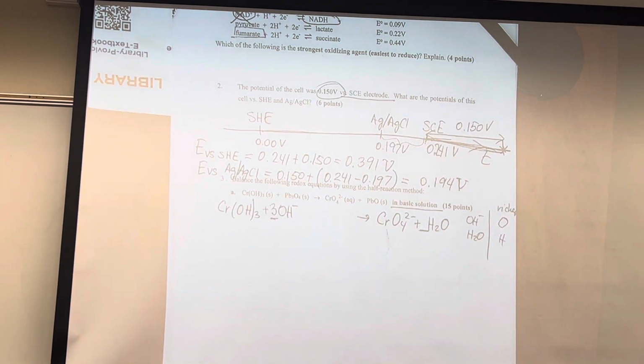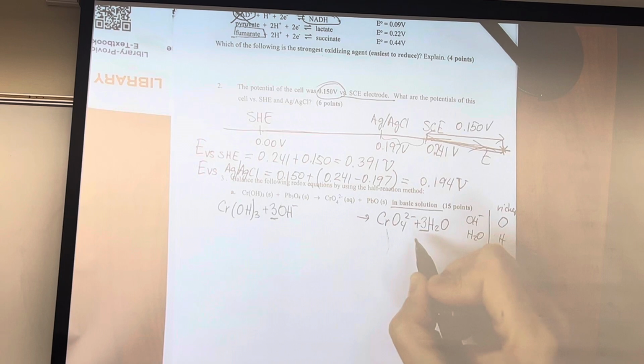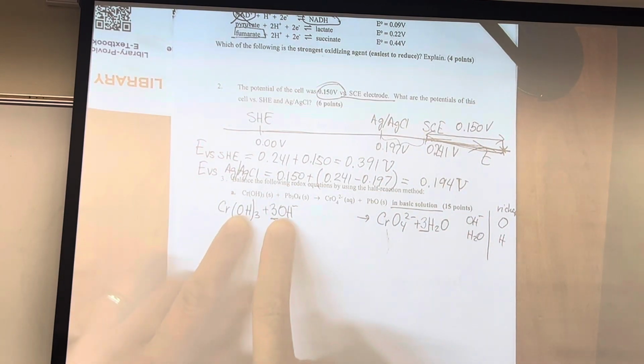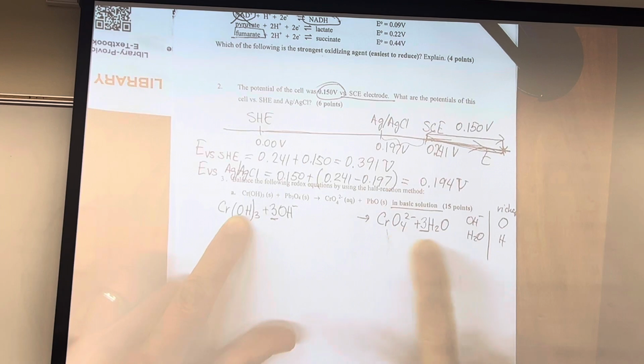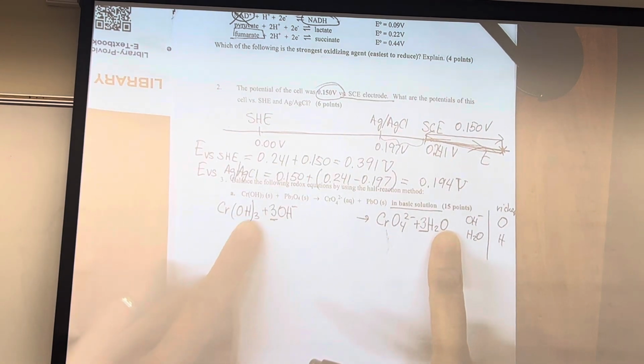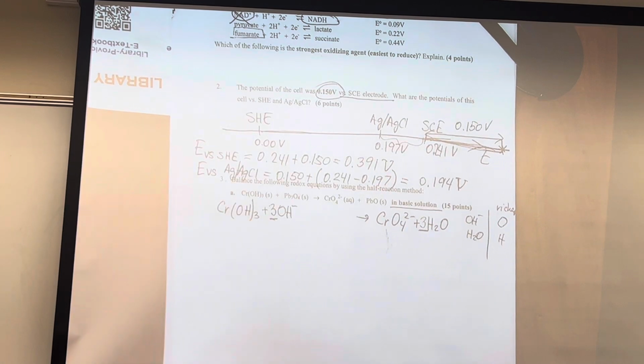It's probably not working. If it's 3 here, we are making an odd number of oxygens on this side. Guys, just try different coefficients, okay? So 6 oxygens, but here it's 7. Oxygen is not balanced. Hydrogen is, but oxygen is not. So that's not the right number.